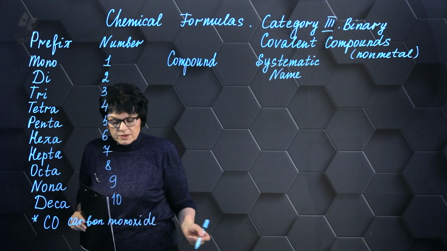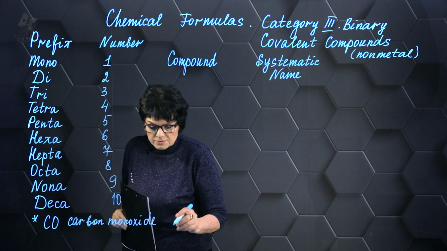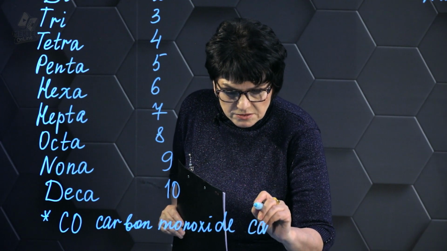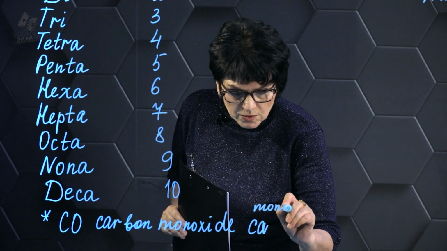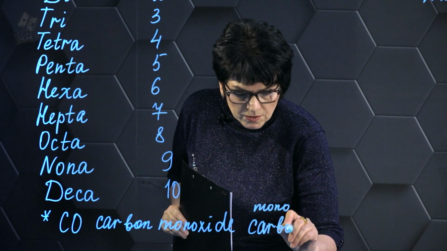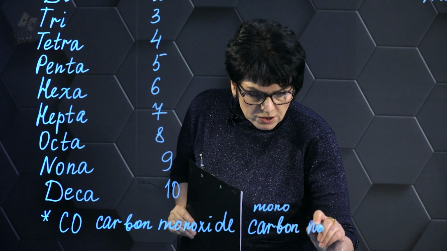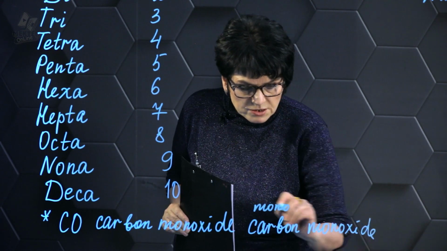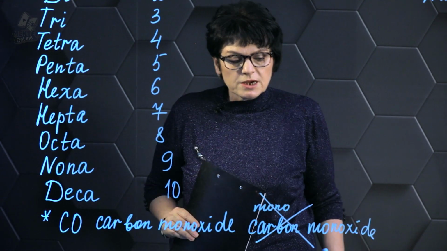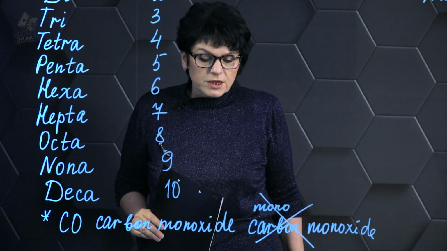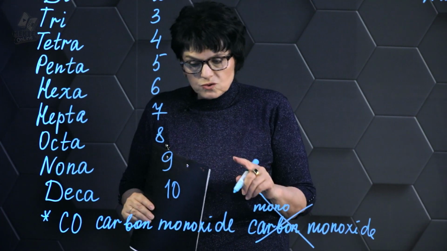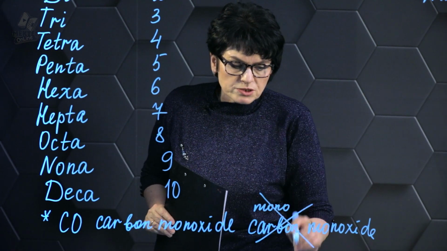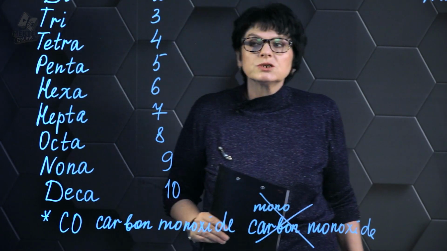However, "monocarbon monoxide" would be incorrect, without a shadow of a doubt. Hence, when we have one atom of the first element, there is no need to use mono, and with oxygen, mono is kept.